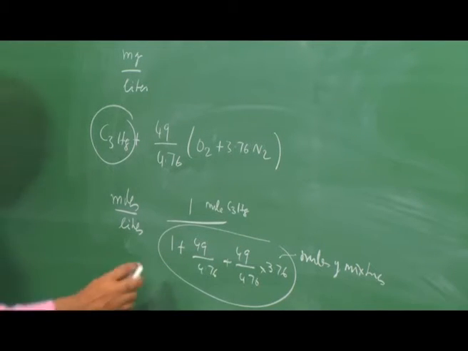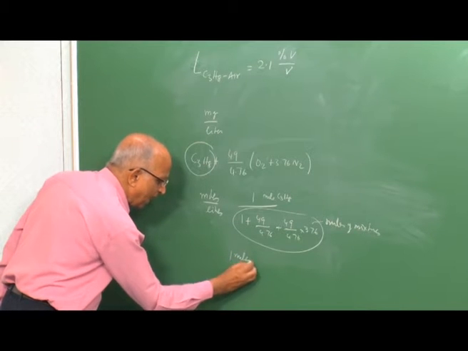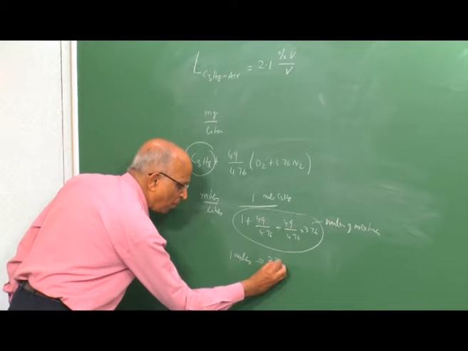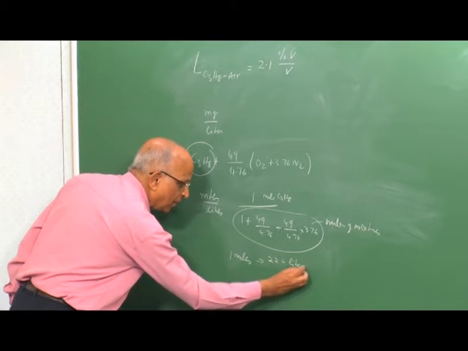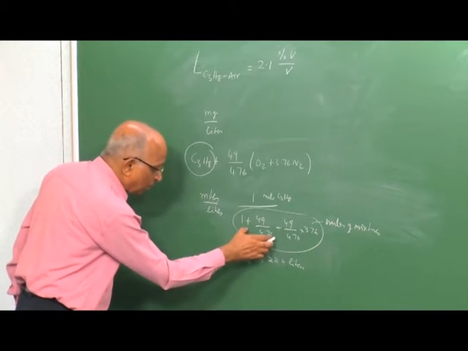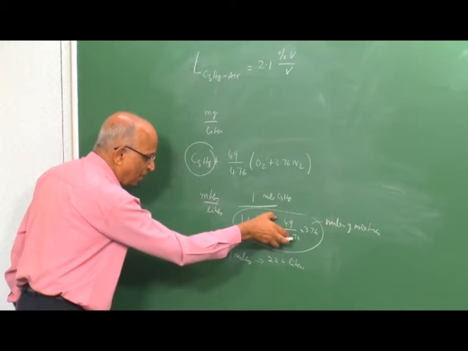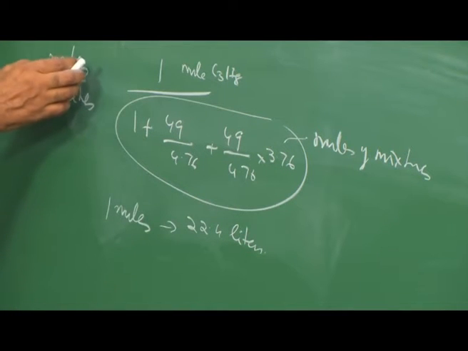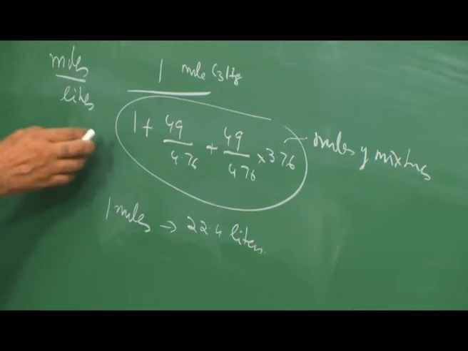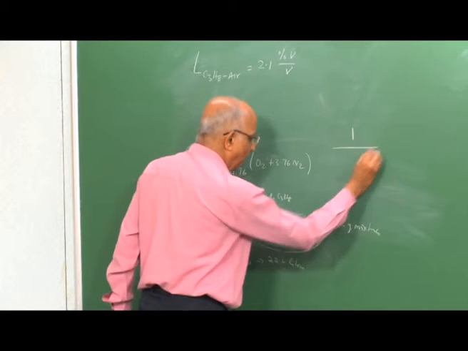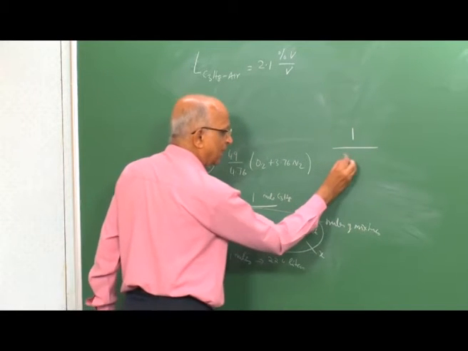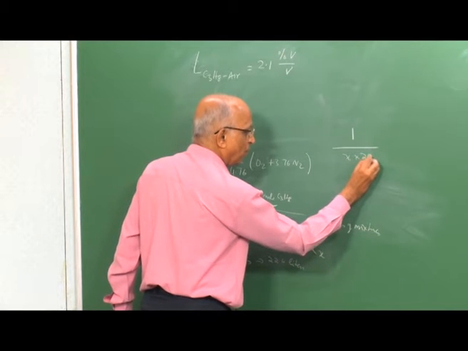mixture. But I know 1 mole of a gas or 1 mole of the mixture will occupy a volume of 22.4 liters, and therefore the total number of moles will occupy this number of moles into 22.4 liters, or rather the number of moles per liter is going to be 1 divided by this particular quantity, let us say this quantity I call x, into 22.4 liters.